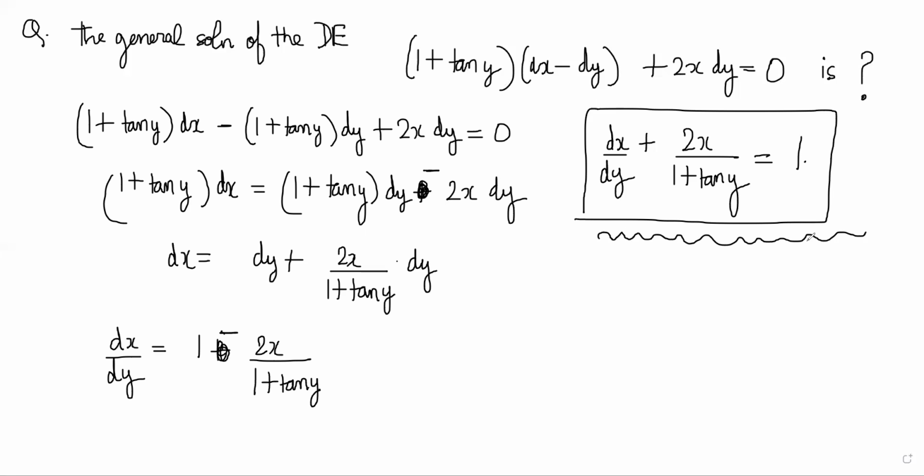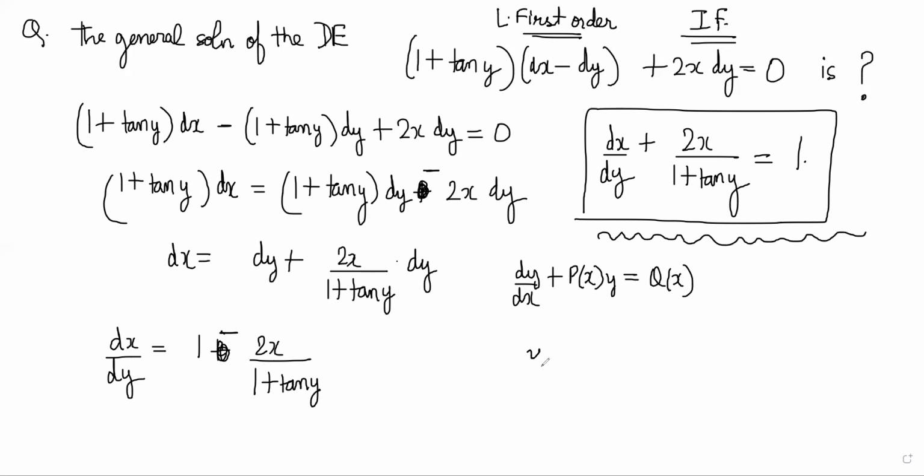How do you solve this? This is a linear first order differential equation. The method to solve this is using the integrating factor method. You know that technique, right? In the integrating factor method, it used to be like this: dy by dx plus P(x) into y is equal to Q(x).